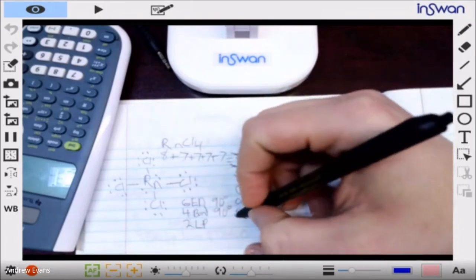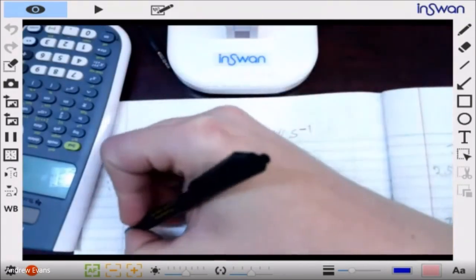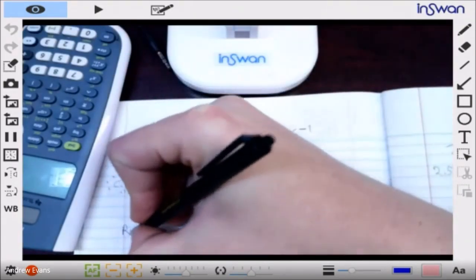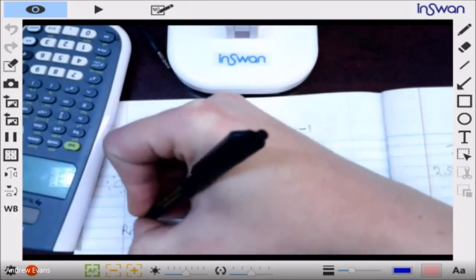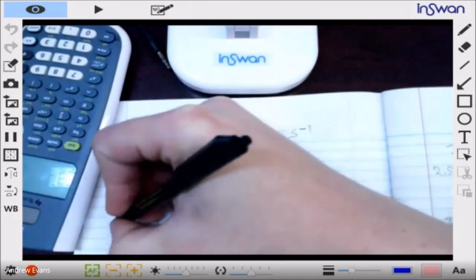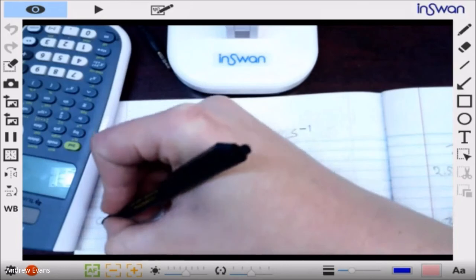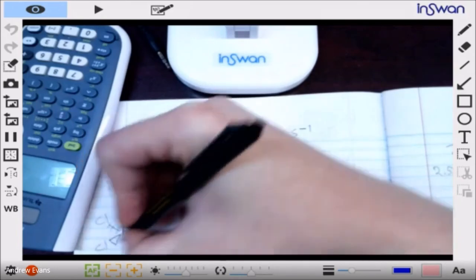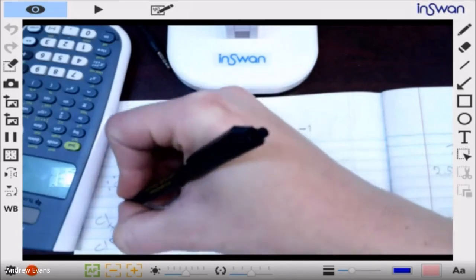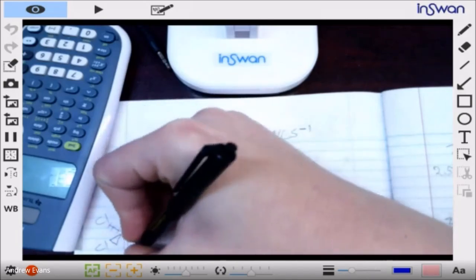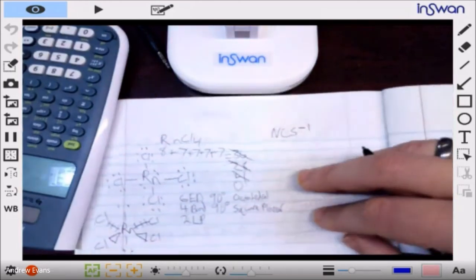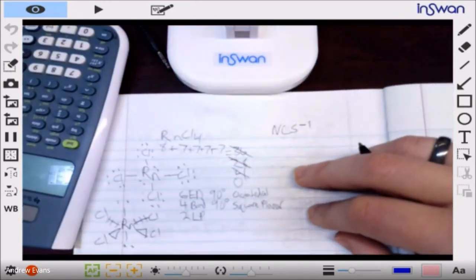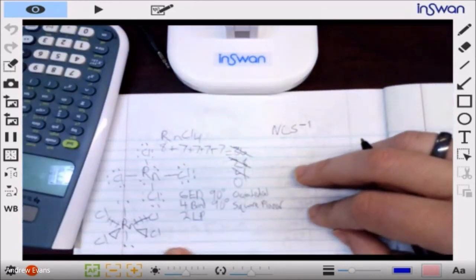Now, redrawing this structure, square planar looks like this. Wedges and dashes to show 3 dimensions. Now, the question here is, is this a polar bond? Yes. All the radon chlorides are polar bonds. Is this a polar molecule?